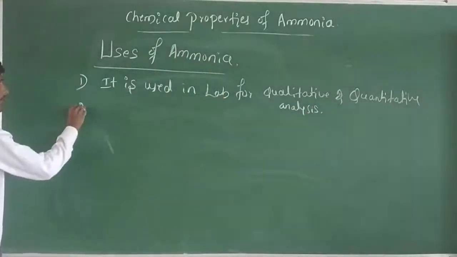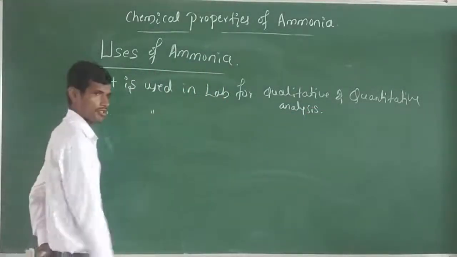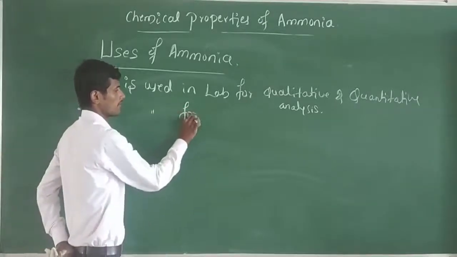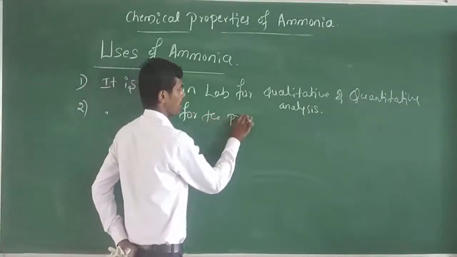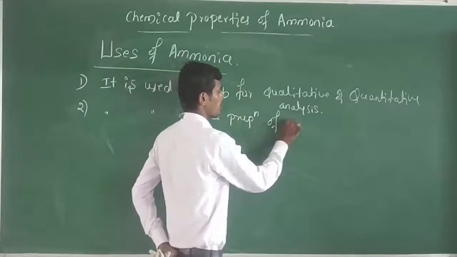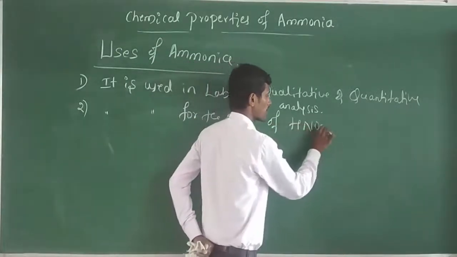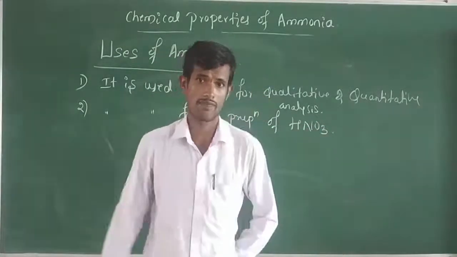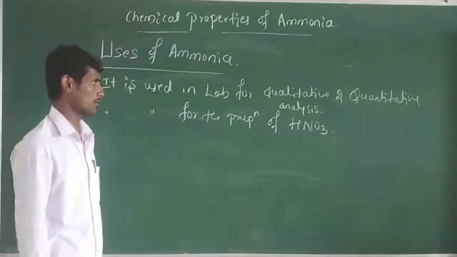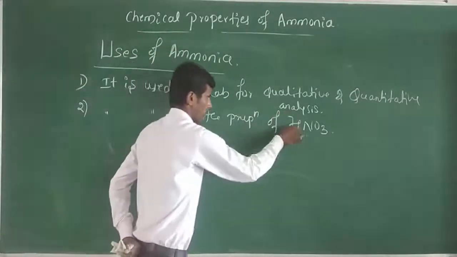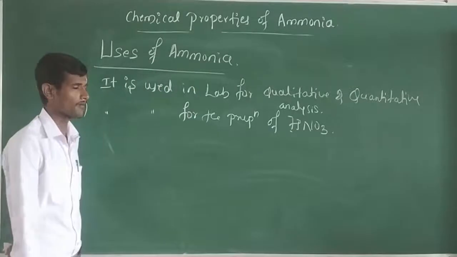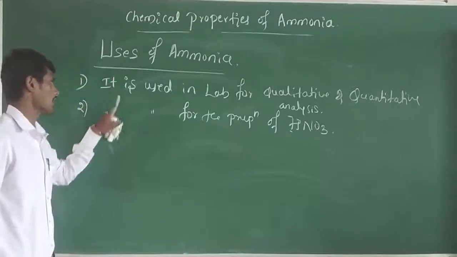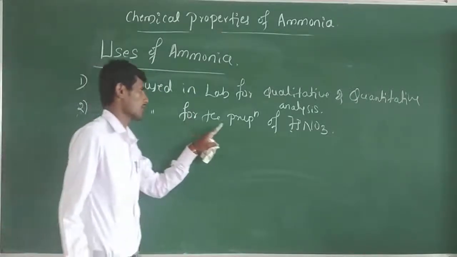Next, it is used for the preparation of HNO3. You know what HNO3 is? It is nitric acid. In the next video, we will see the manufacture of nitric acid. Yes, ammonia is used for the preparation of nitric acid.